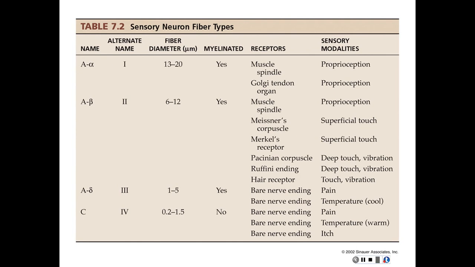Now, the way I like to think about this stuff is, remember I told you about the size of the axon and the presence or absence of myelin determines how fast the signal gets back to the nervous system. So the big axons are the muscle spindle axons and the Golgi tendon axons, for proprioception. Why would they be faster than pain and temperature?